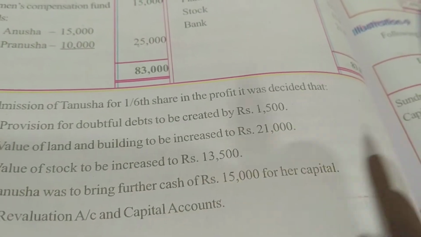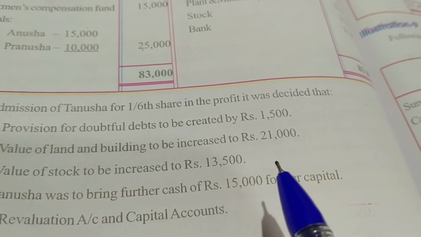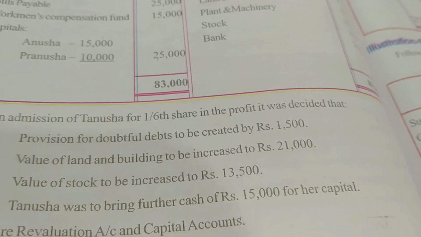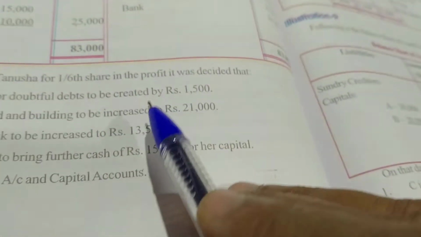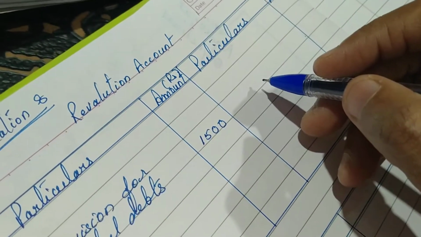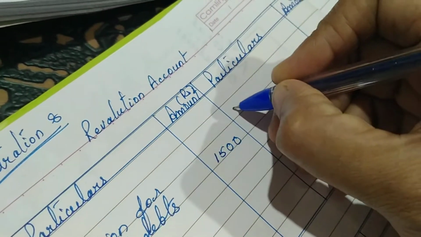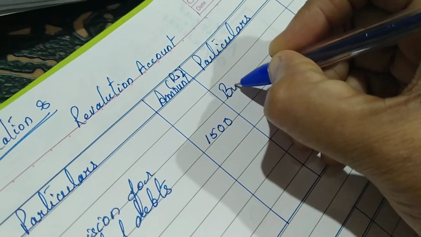If we have to increase 18,000 to 21,000, how many thousands do we have to add? It is going to be 19, 20 and 21. That is 3,000 will be added. Because it is an increase in the value of an asset, where do we write it? In revaluation account, credit side. What will be the heading? By land and building.